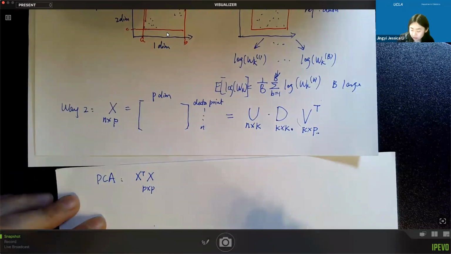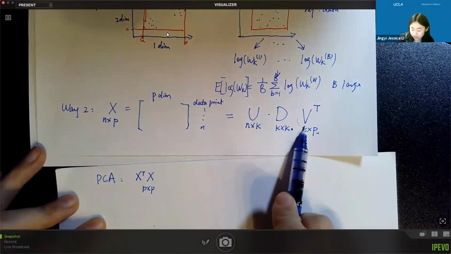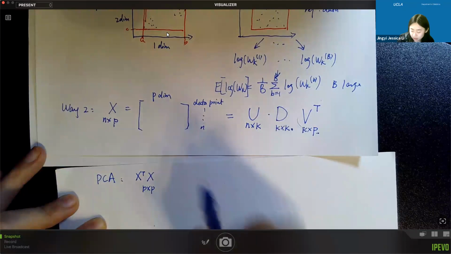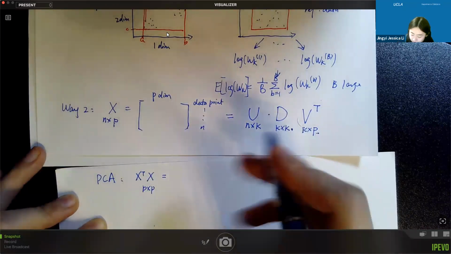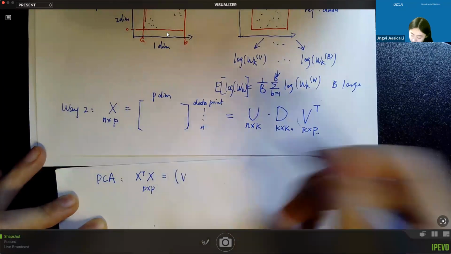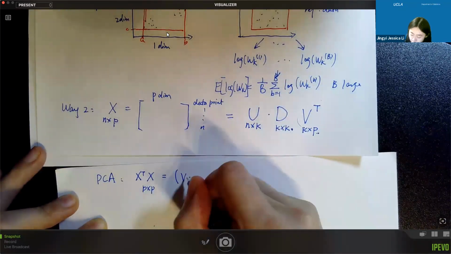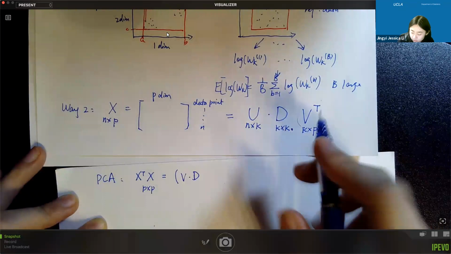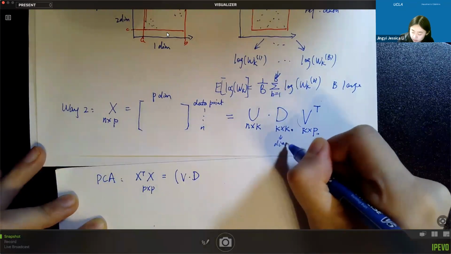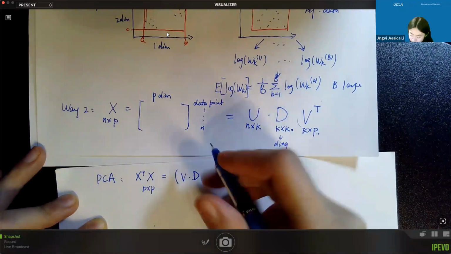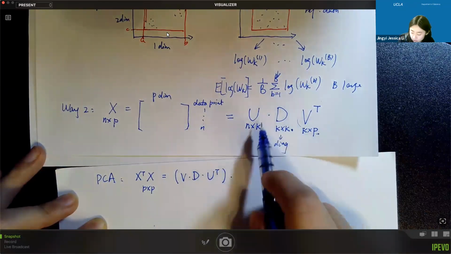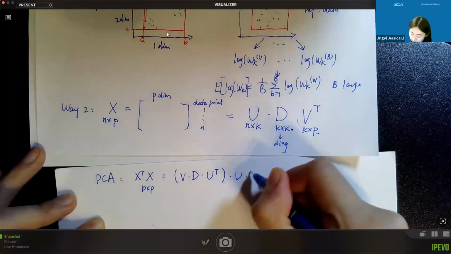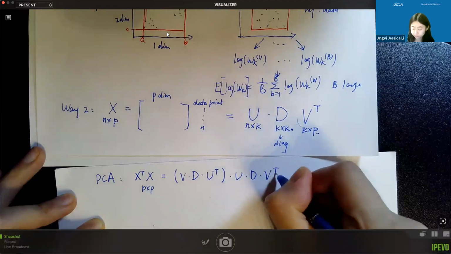If you look at the singular value decomposition, take the transpose of this one, so we will have V times D transpose, and D transpose is D because it's diagonal, times U transpose. That's X transpose, and then X is U D V transpose.